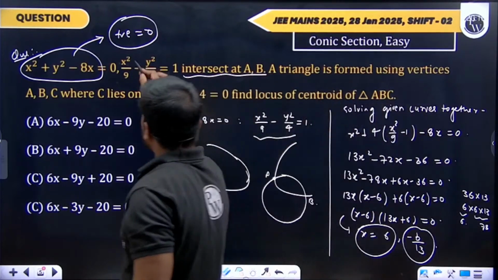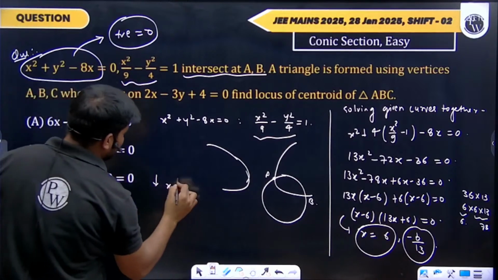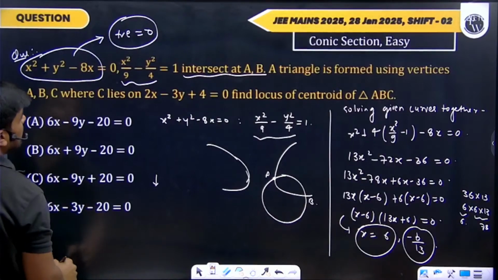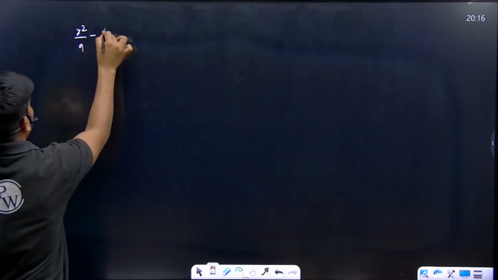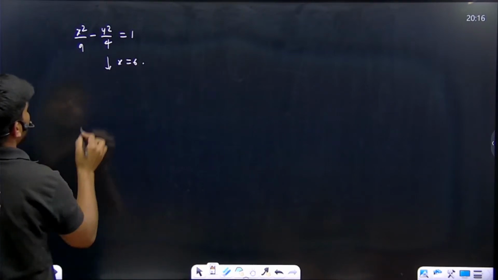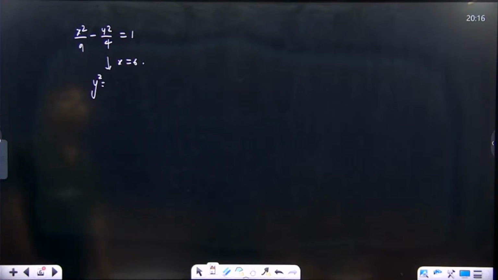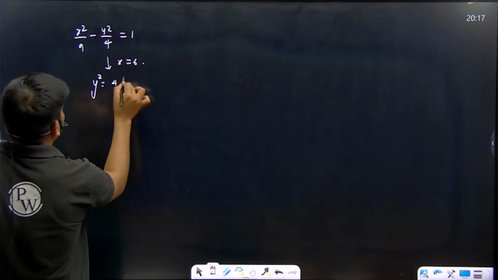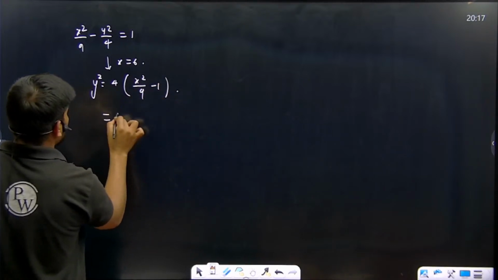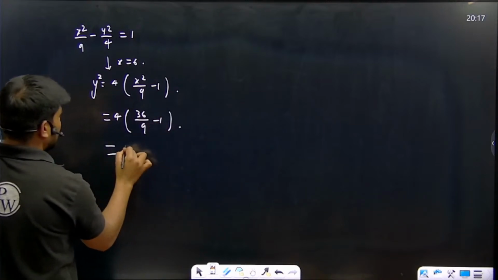So for x equals to 6, we put the value of x equals to 6 in this curve, that is the hyperbola, x square by 9 minus y square by 4 equals to 1. From here we will get y square as 4 into x square by 9 minus 1, that is 4 into 36 by 9 minus 1, that is 12.